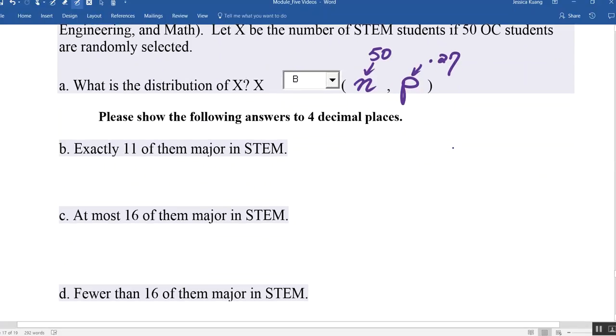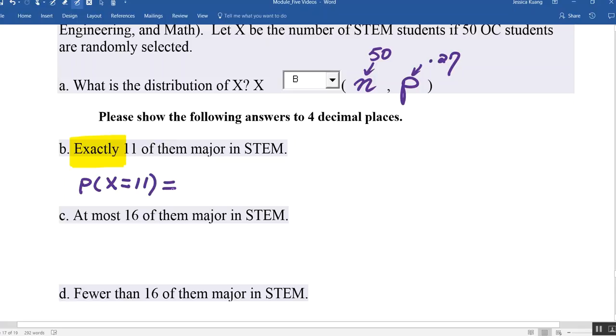The first question is, what is the probability that exactly 11 of them major in STEM? So we're looking for the probability of X equals 11.